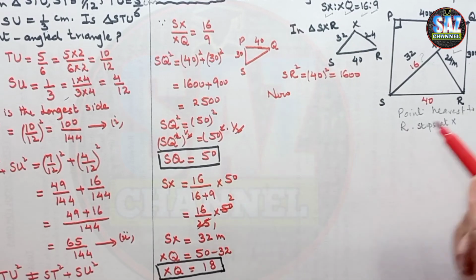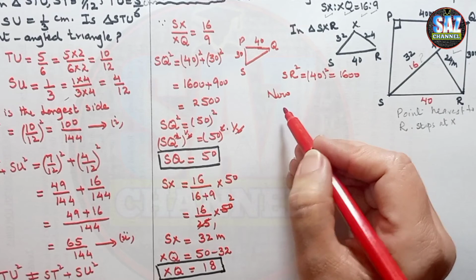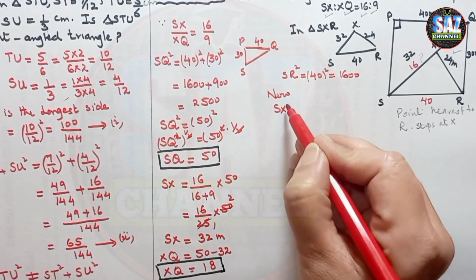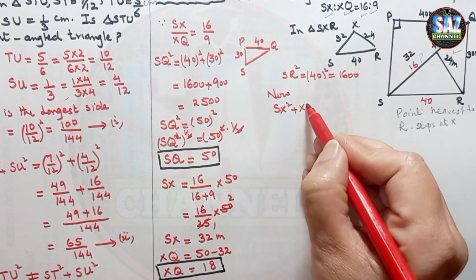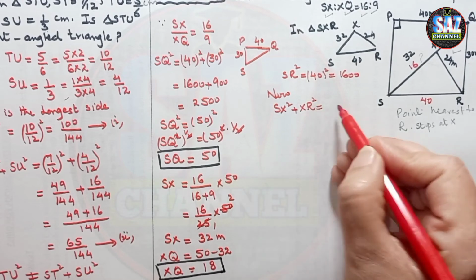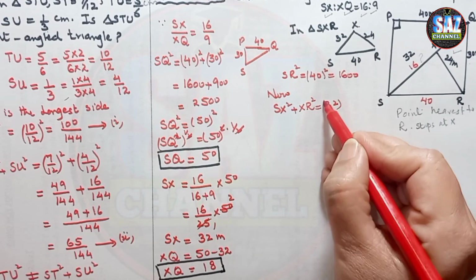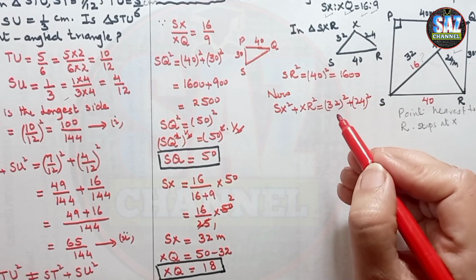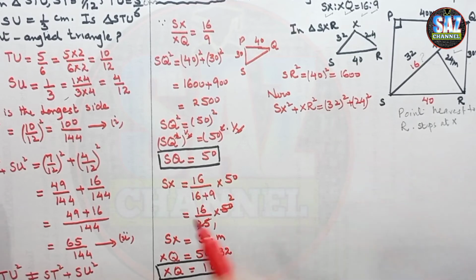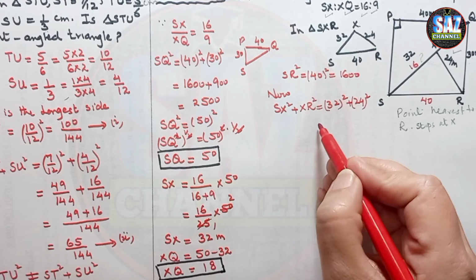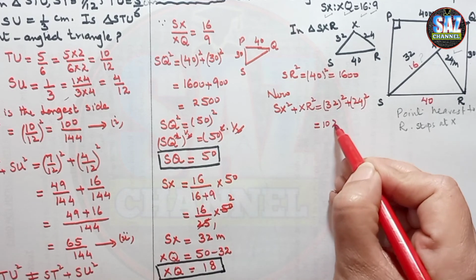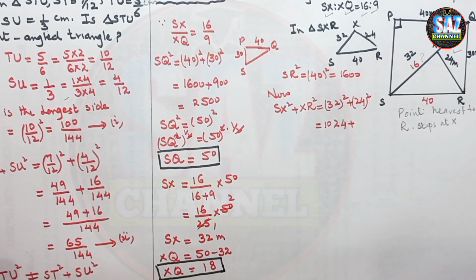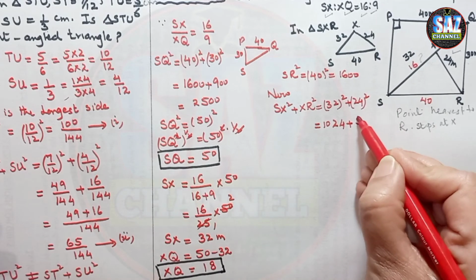Now what I have to do, that SX square plus XR square equals 32 square plus 24 square, and let me check the answers. 32 square, 32 multiplied by 32, is 1024, and 24 multiplied by 24 is 576.